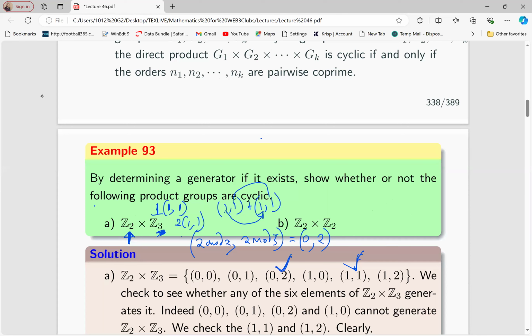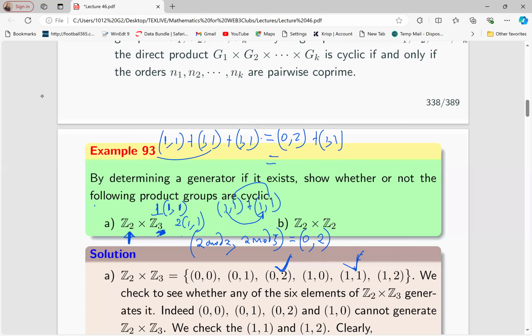Now we've added 1 twice. What about 3 times? What do you get? And of course, this 2 times has given us 0, 2, so 3 times is just 0, 2 plus 1.